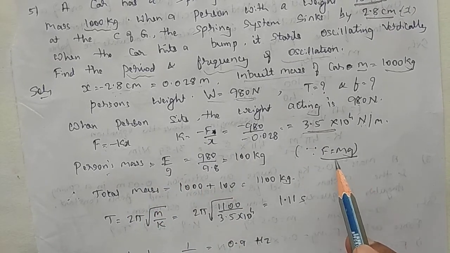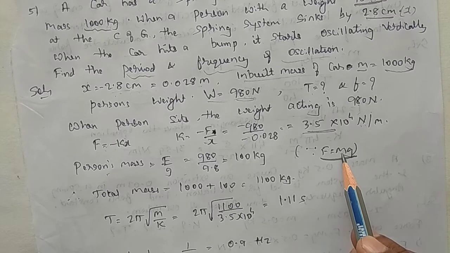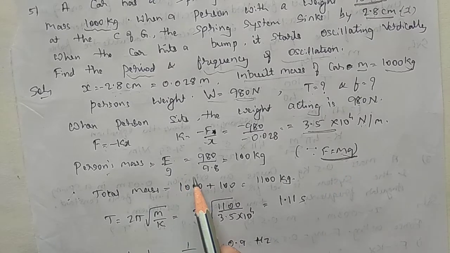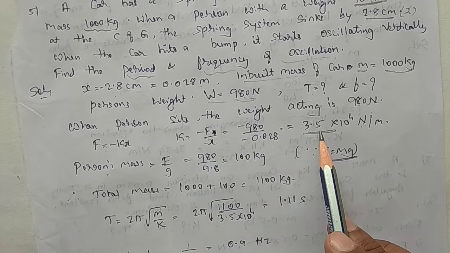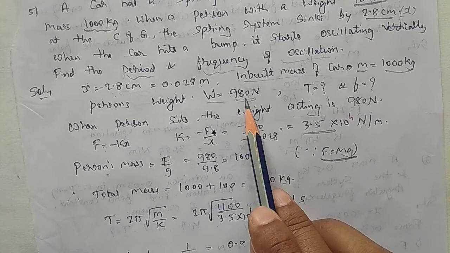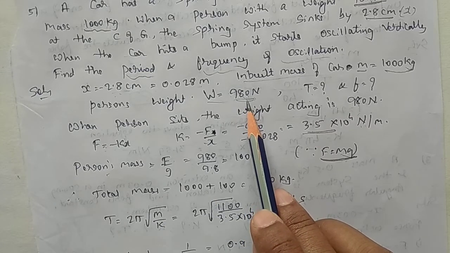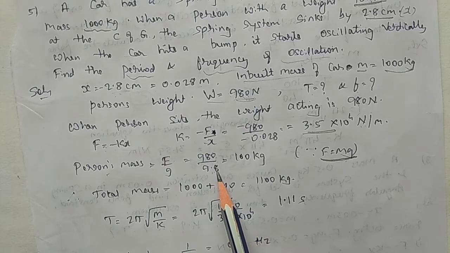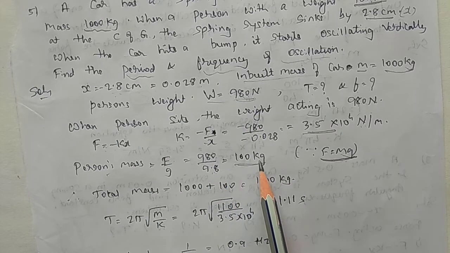We know that F is equal to m into g, so m is equal to F by g. F is 980, the force, divided by 9.8. This is the force acting downward, F is equal to m into g. 980 divided by 9.8 is equal to 100 kg. So 100 kg is the mass of the person.